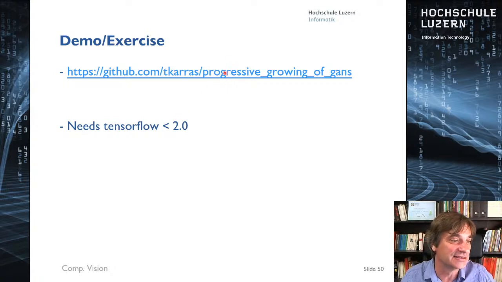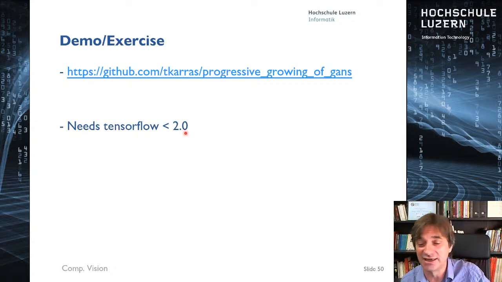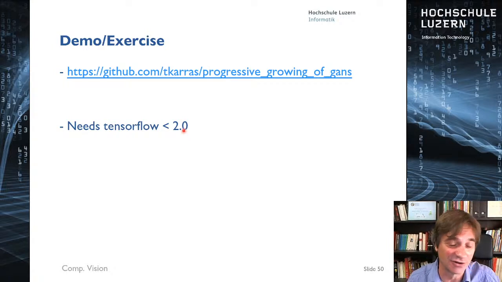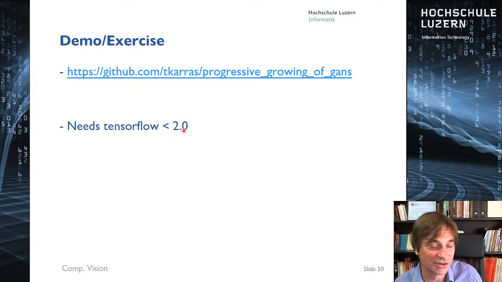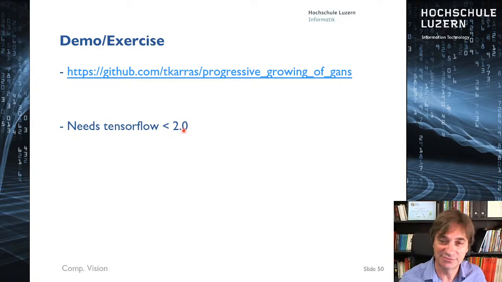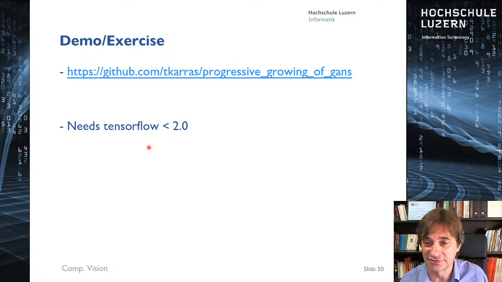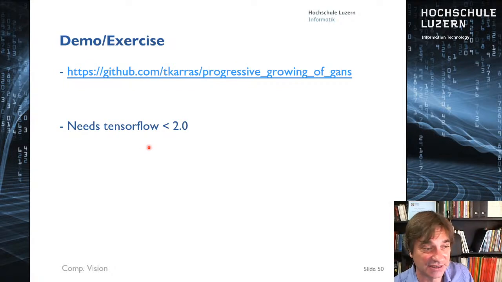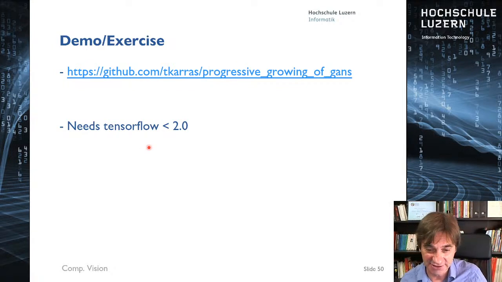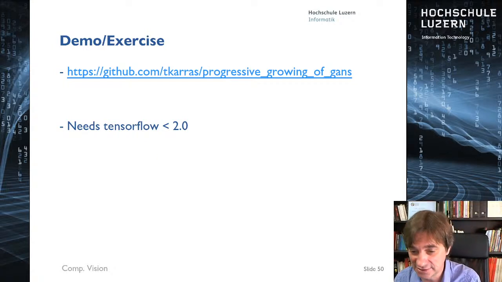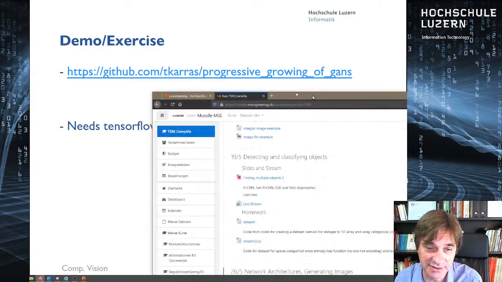The problem is the model is about, I think, 2 years old, so it uses an older version of TensorFlow. So if you have a Conda environment or a Docker image, that would be easiest to install in there. I think TensorFlow 1.15 or so should work there. So you will find the Python notebook here.